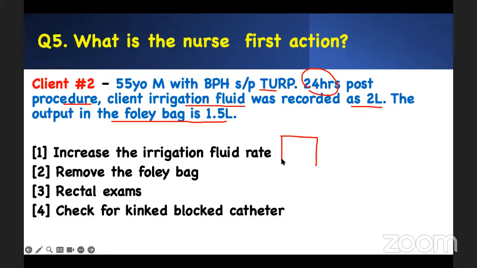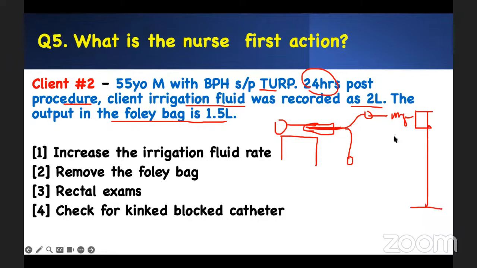this is the patient laying here, okay, he's going to have a 3-way catheter. So he's going to have the catheter go into the bladder. He has 3-way. One goes here and one goes here. Okay, so this is the irrigation. This is going to irrigate. It's connected to the IV pole.